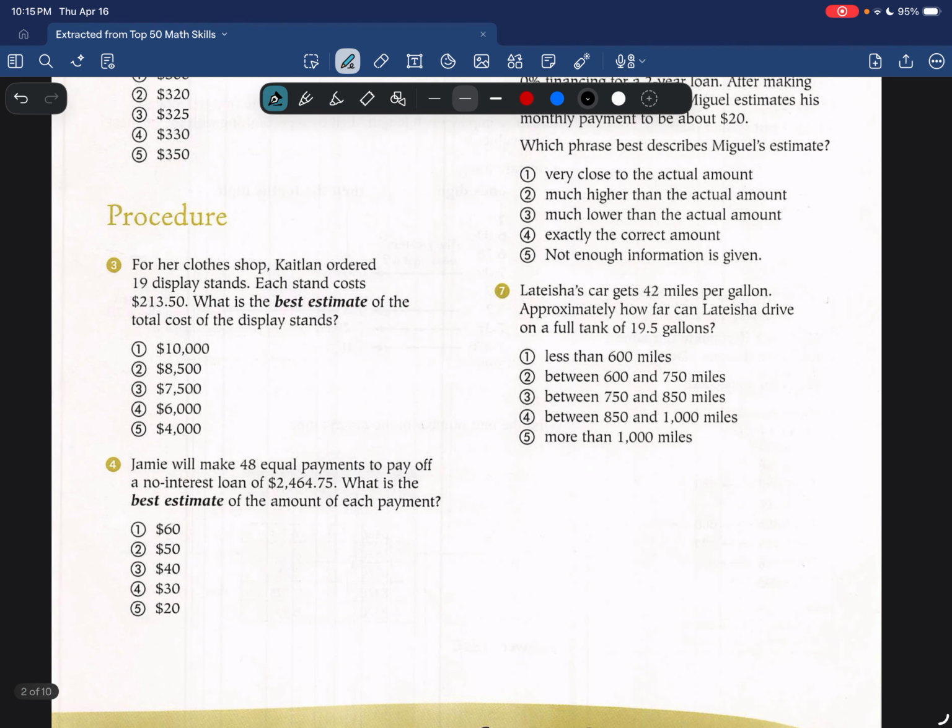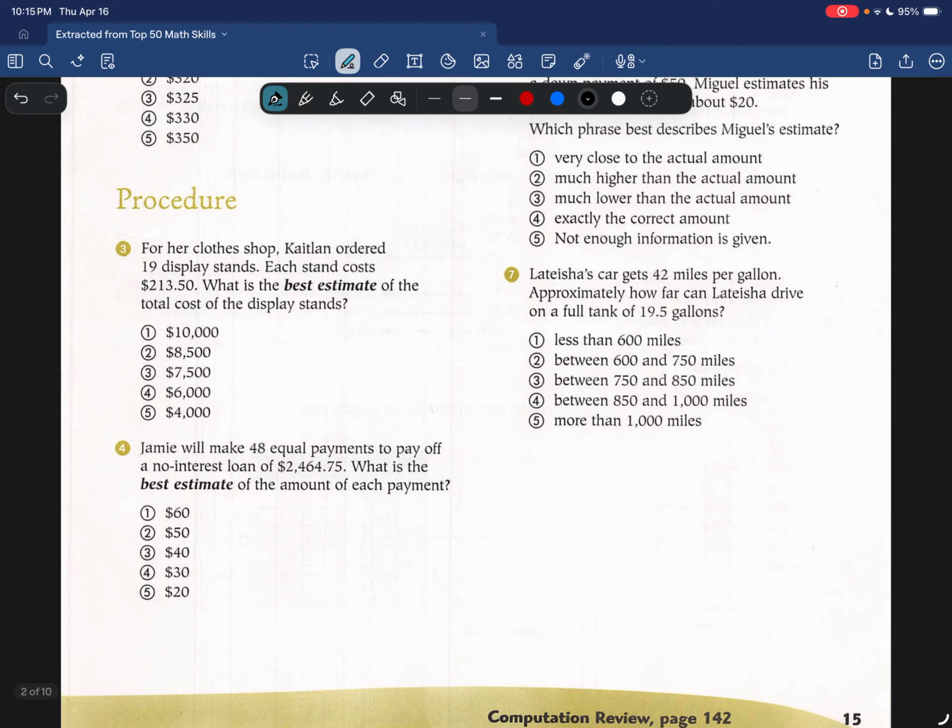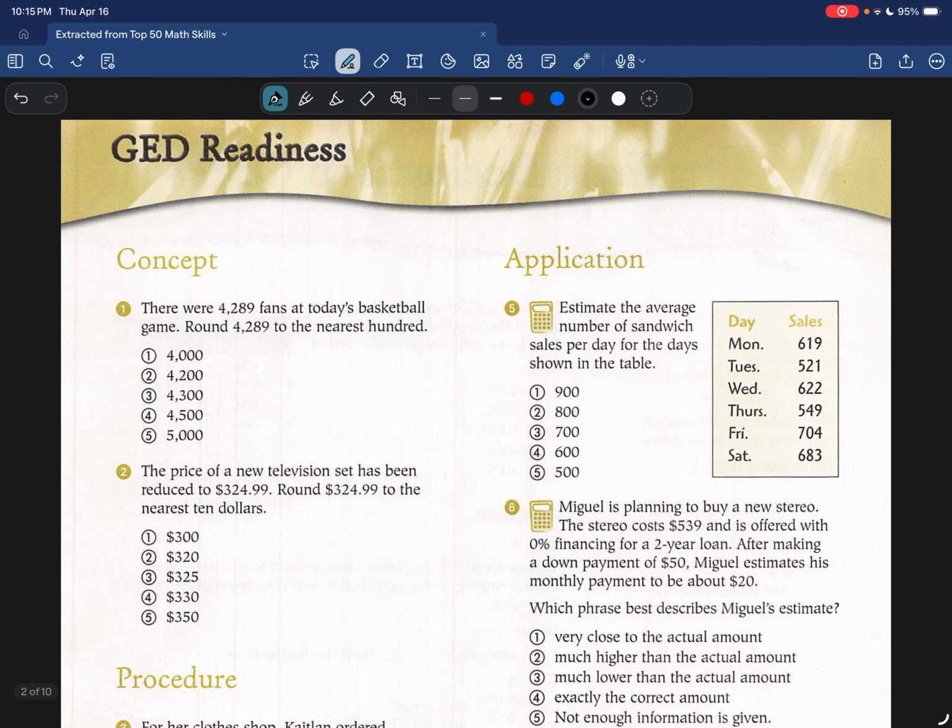Procedure tests my ability to set up and solve a problem. And then application tests my ability to apply my skills to real life.